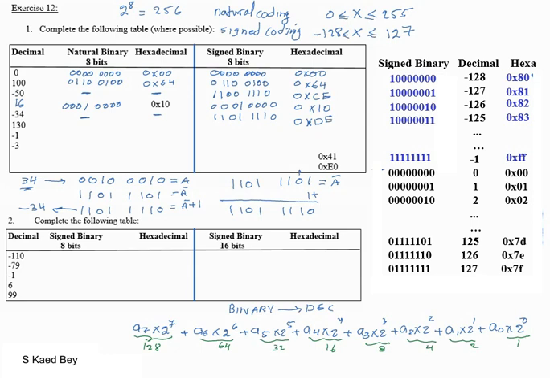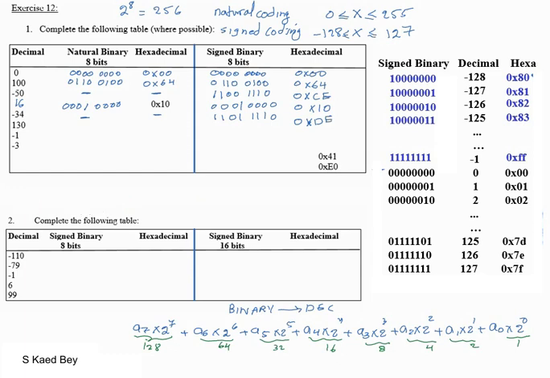If you're not interested in this method to find the opposite of the number, you can still use the original relation between decimal and binary by taking into consideration that the first bit represents a negative number. For example, negative 34 is in fact negative 128 plus 64 plus 16 plus 8 plus 4 plus 2 plus 0.